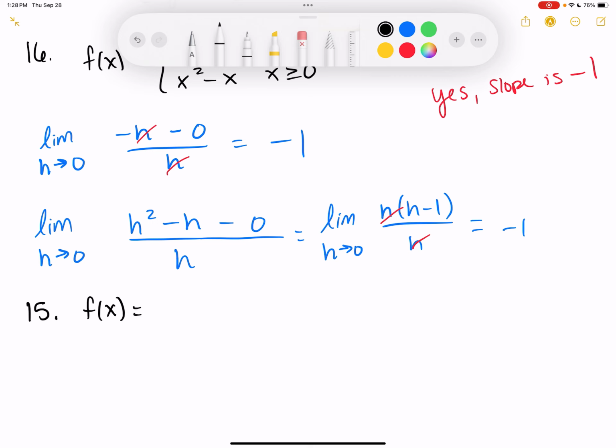F of x is equal to 2 minus 2x minus x squared for x less than 0, and 2x plus 2 for x greater than or equal to 0. Oh, and it's at x is equal to 0.